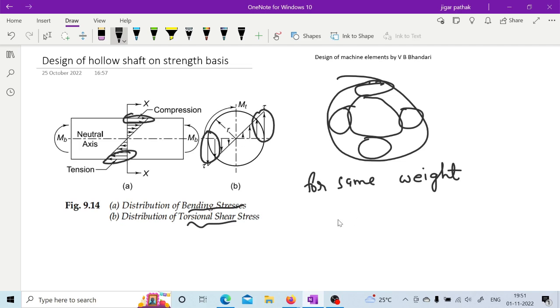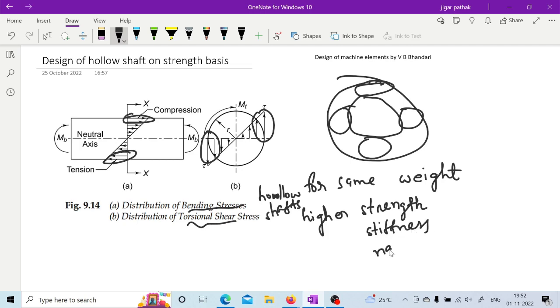So some of the other advantages are: for the same weight, hollow shafts have higher strength, and higher stiffness also, and natural frequency.